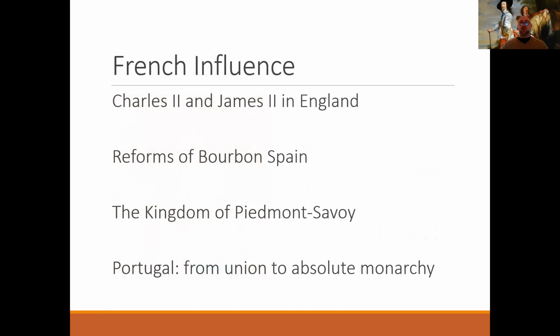And it has influence all over Western Europe. You're going to have people wanting to imitate the roi soleil. Even in England, which we'll see, they get away from this in the 1680s, 1690s. But briefly before that, Charles II, before his death, he dies in 1685, dissolves his parliament in 1681 and never recalls it.